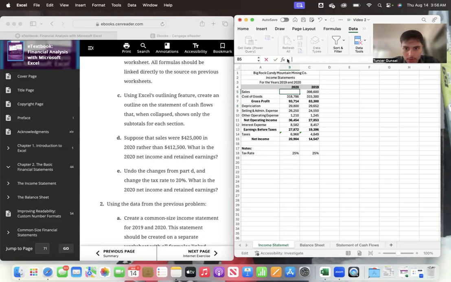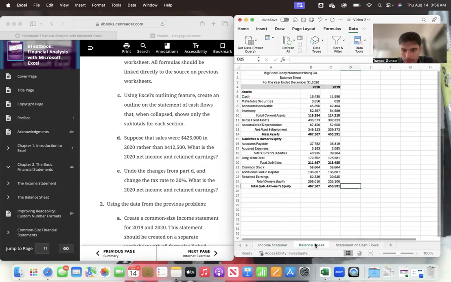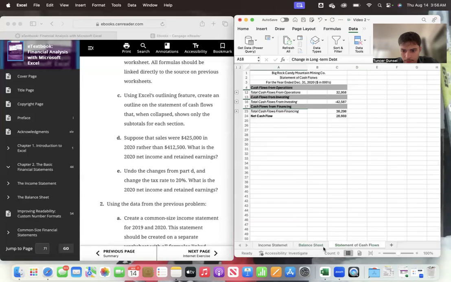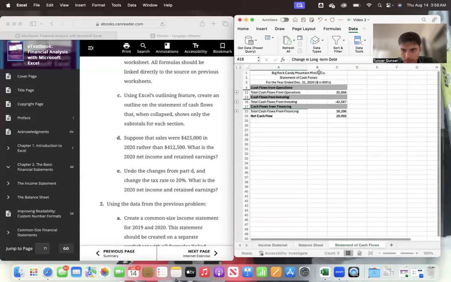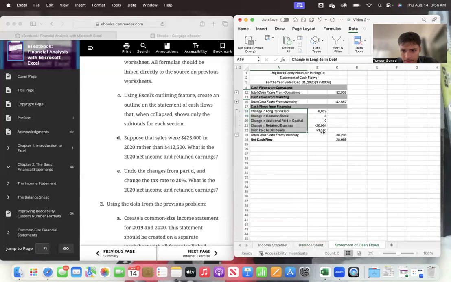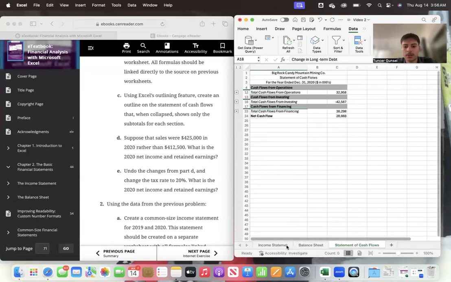So we put it in, and as you can see, our net income changed and our retained earnings changed as well. Let's check. As you can see, our retained earnings changed. Okay.